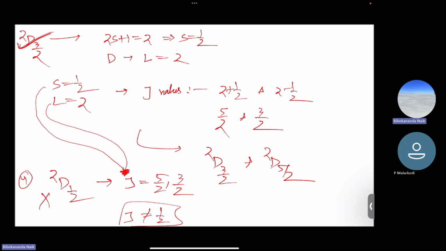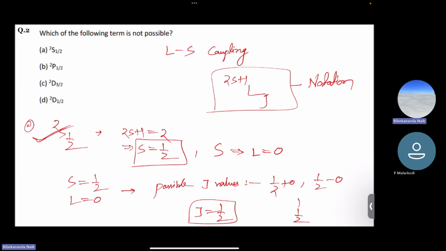That's why this is not written correctly. So option D will be the correct option because this term is not possible. 2D 5 by 2 and 2D 3 by 2 are possible, 2P half and 2S half are possible, but 2D half is not possible.